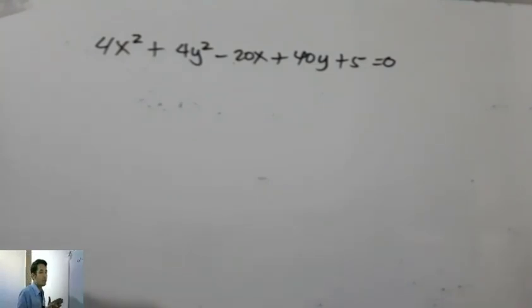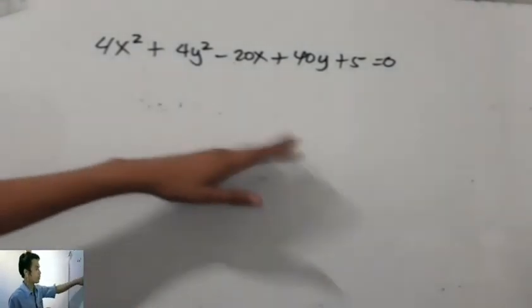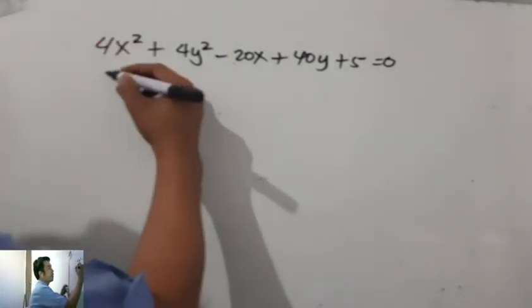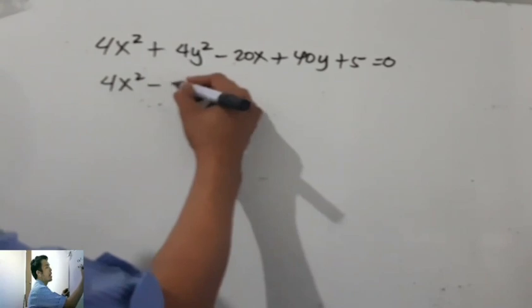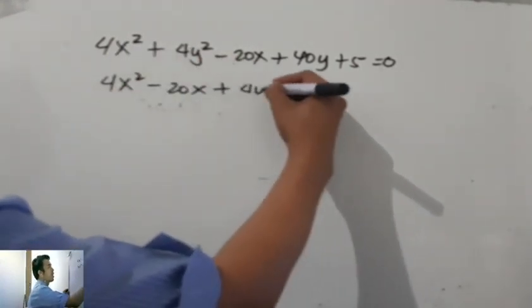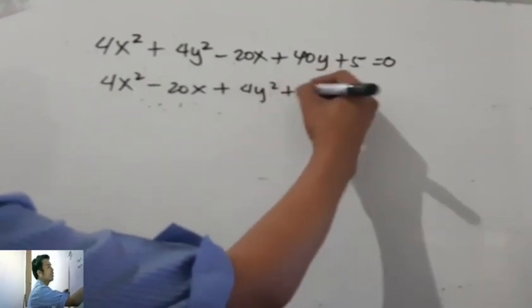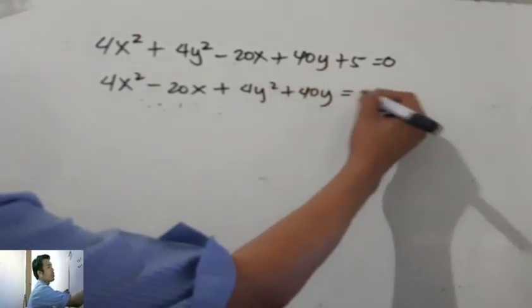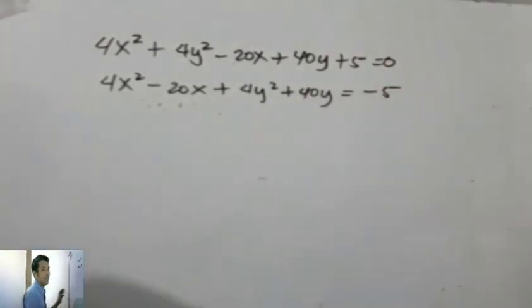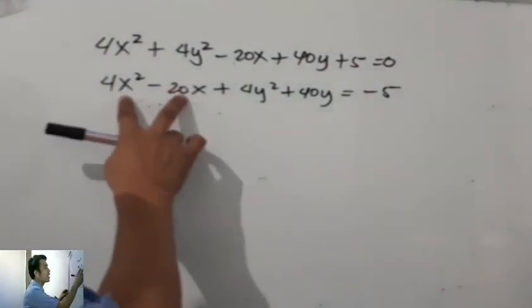What you're going to do first is arrange our general equation by grouping similar variables. So we have 4x squared minus 20x, both the same variable, plus 4y squared and 40y, and then isolate the constant, so we have negative 5 there. After that, we can simplify.